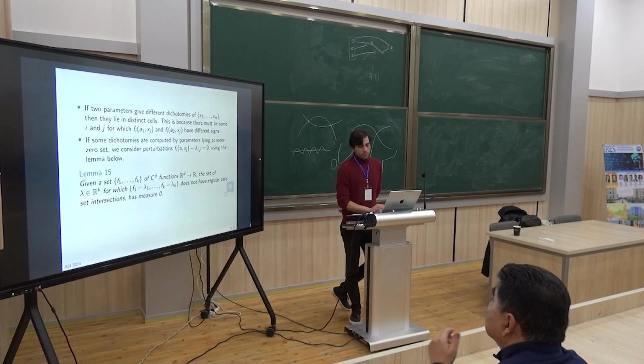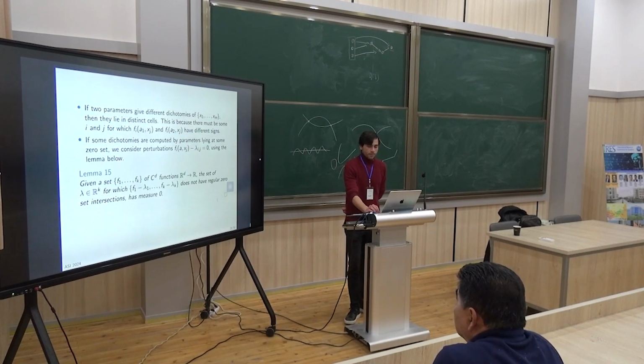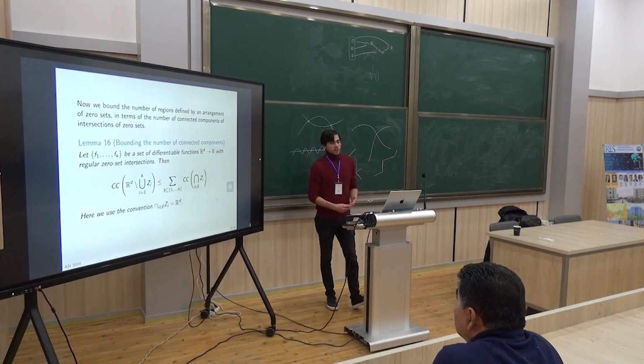All right, or we can argue that we can obtain regular zero set intersections. That the case when we don't have regular zero set intersections is kind of a measure zero situation.